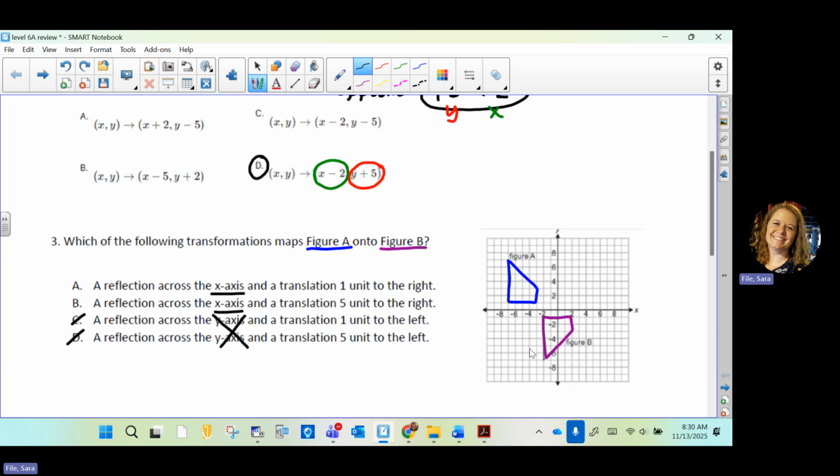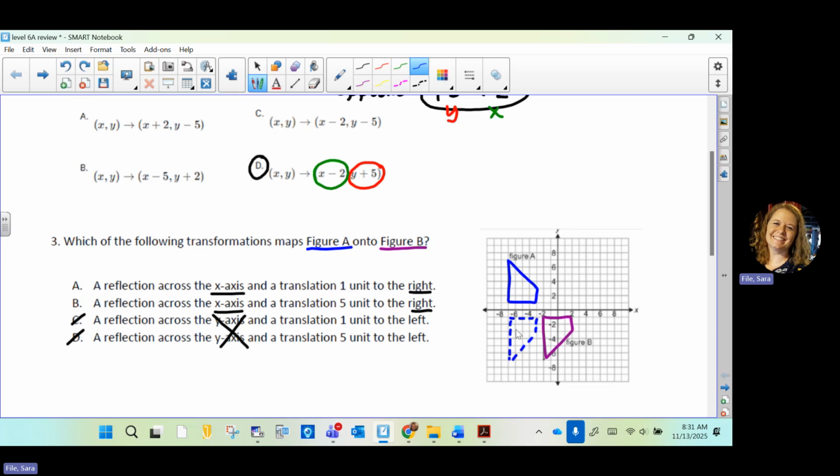So we go over the x-axis and then it slides to the right. To get from the blue to the purple, you're going to have to go to the right. Both of these say to go to the right, but how much? So when I flip this over, if you want to visualize it, I'll do it in a dashed line here. That's what it would look like when you flip it.